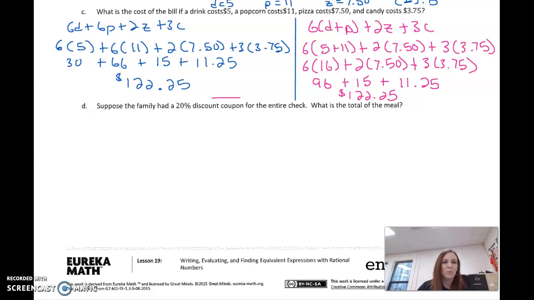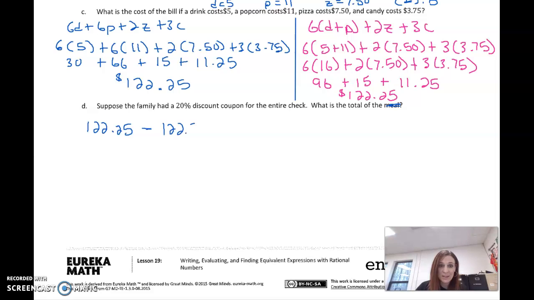Remember how we were just working on that 20% off? So we know the total price is $122.25. If I wanted to know, hey, I got a 20% coupon off, what's the total cost of the movies? Well, think of it as the original $122.25, minus 20% off. Remember how we find 20% off?